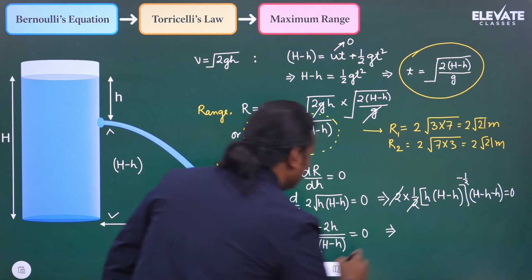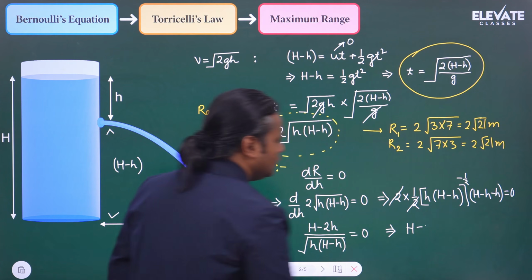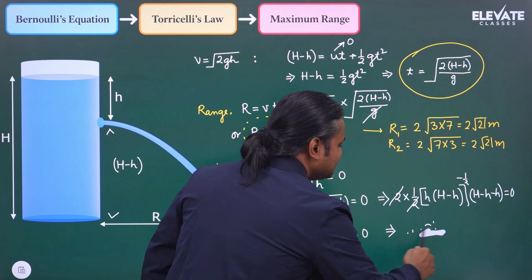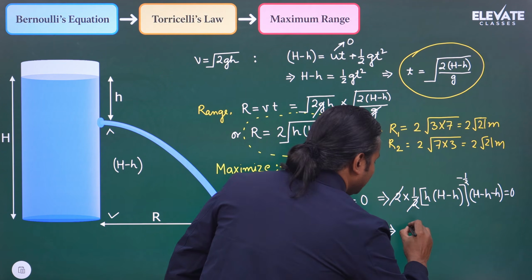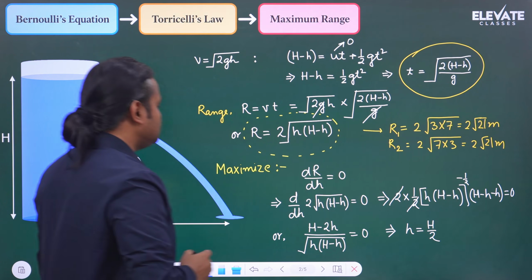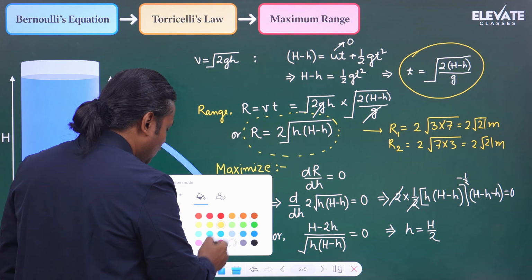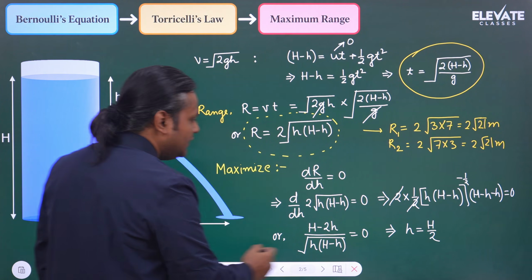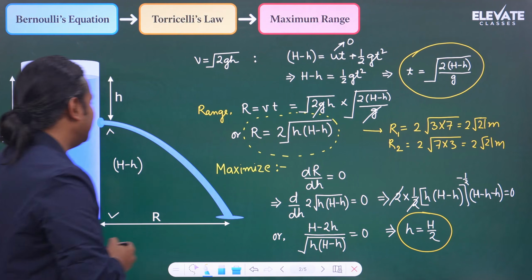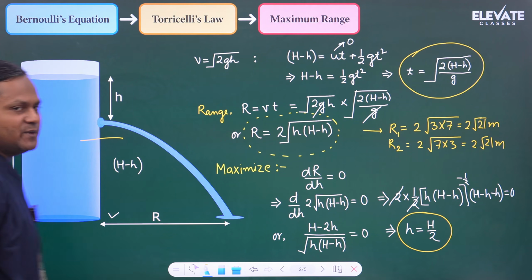The moment I make this equal to 0, I am only left with capital H minus 2h is equal to 0. So capital H is equal to 2h, which means small h is capital H upon 2. So the range will be maximized if we poke this hole at the exact vertical middle of the water tank. That is it. So at the exact vertical middle, the range is going to be maximized.